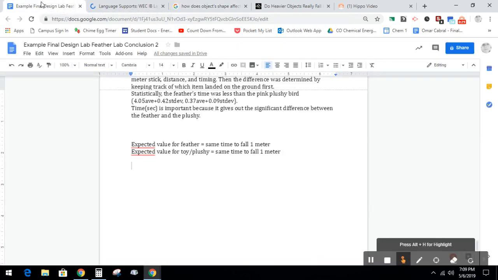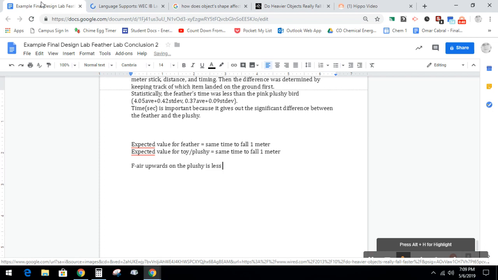So I'm going to say the force of air upwards on the plushie is less than, and I'm going to call that the expected value, right?